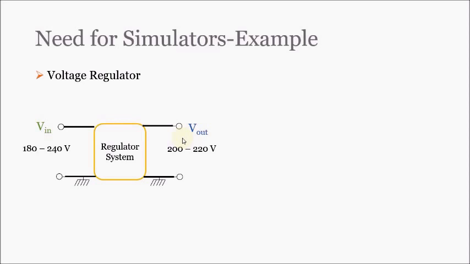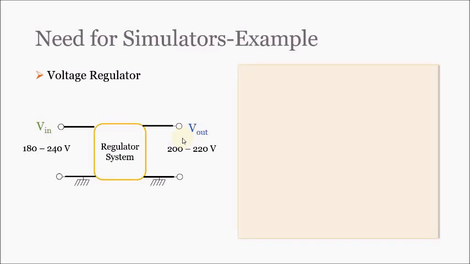We show an example of a voltage regulator and how it is possible to model this functionality using one of the simulators that we are going to see. So what is the function of a voltage regulator? We have an input voltage coming in the range of 180 to 240 volts, and the regulator system should regulate the voltage to a range of 200 to 220 volts.